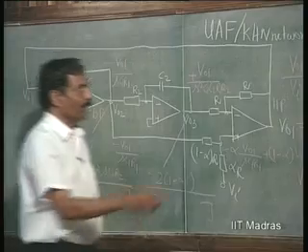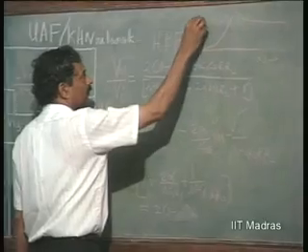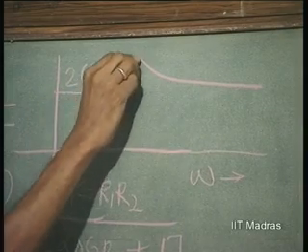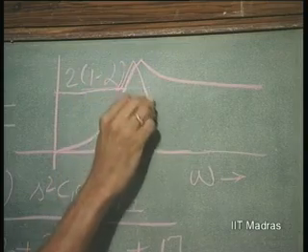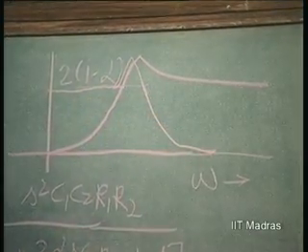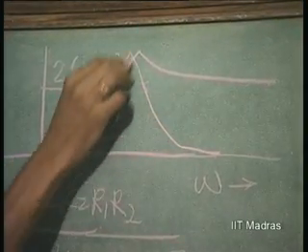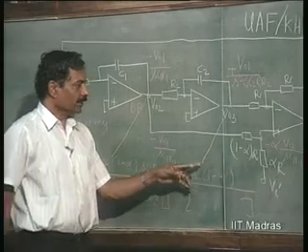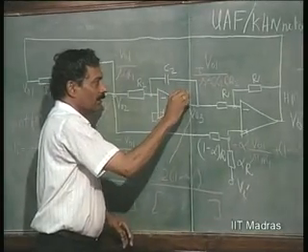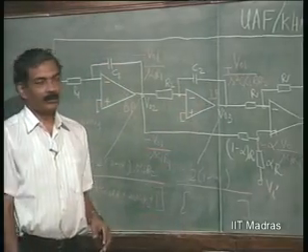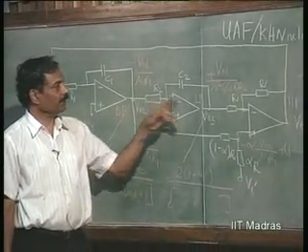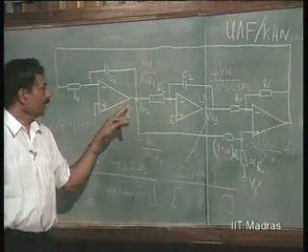So, it is low pass, constant at 2 into 1 minus alpha, and then we go down to 0 as frequency increases. The band pass is going to look like this. So, these three outputs are simultaneously available in this case, and that is why this is called universal active filter. You can get low pass here, high pass here, and band pass here.